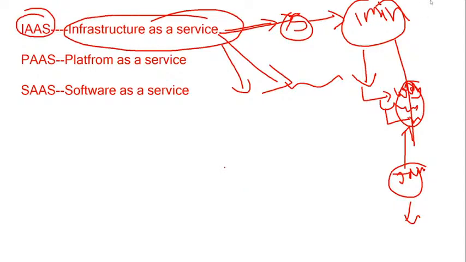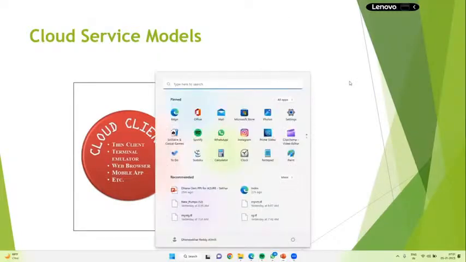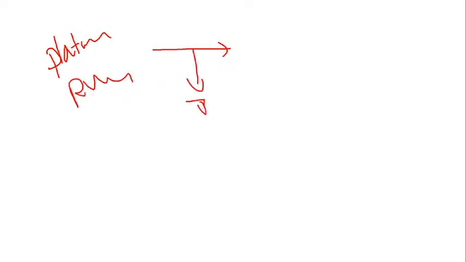Next, Platform as a Service. What is Platform as a Service? Any idea? The name itself describes it: they provide the platform and runtime. For example, you have to deploy one Java application and the Java code is ready with you. That entire environment is provided by the vendor; we call it Platform as a Service.